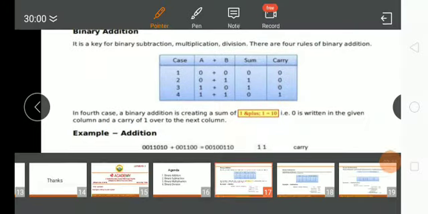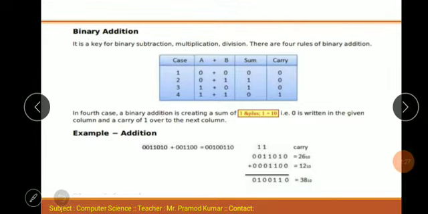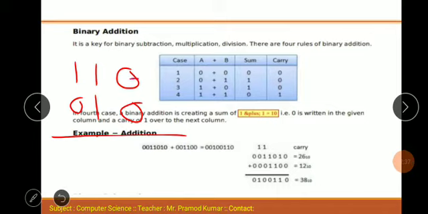Before the examples, suppose you want to add 110010. Then 0 plus 0, 0. 1 plus 1, 10. Then you write 0 and 1 is carry.